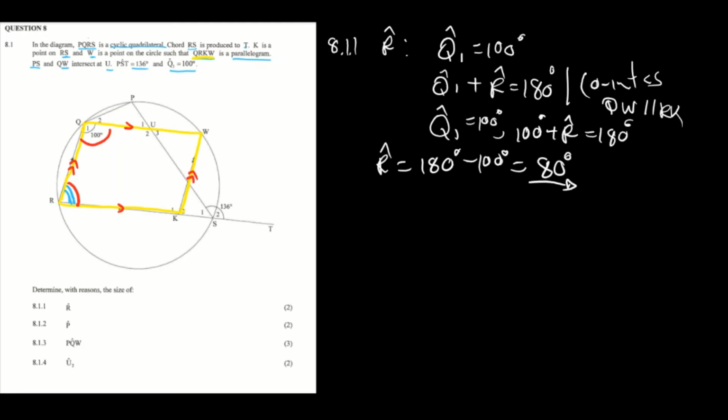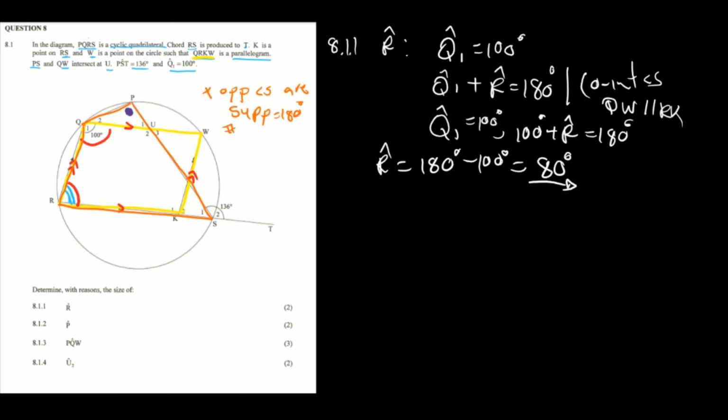So now I want to find our angle P. This shape here, the entire shape, is a cyclic chord. You also need to know your properties of a cyclic chord. One of them is that opposite angles are supplementary, meaning that they equal 180 degrees.